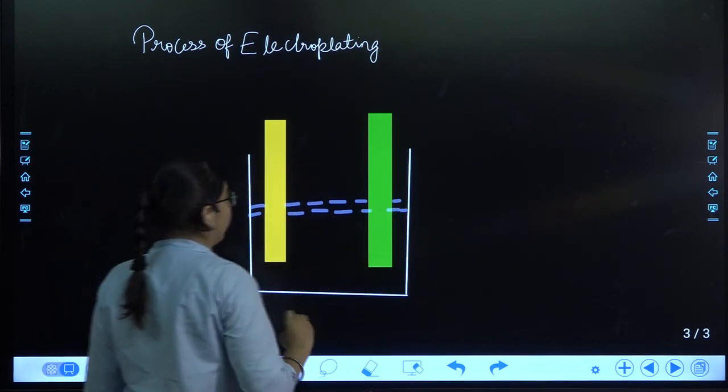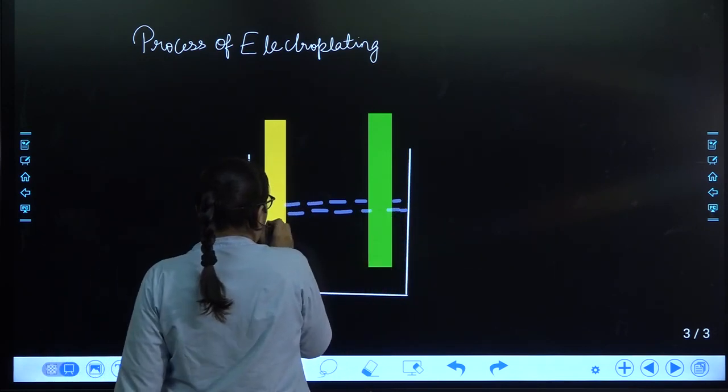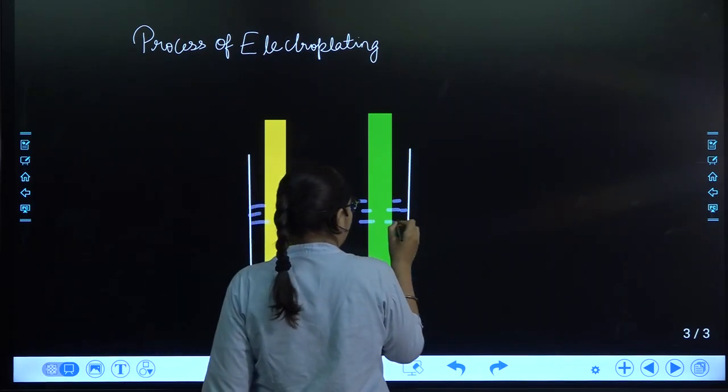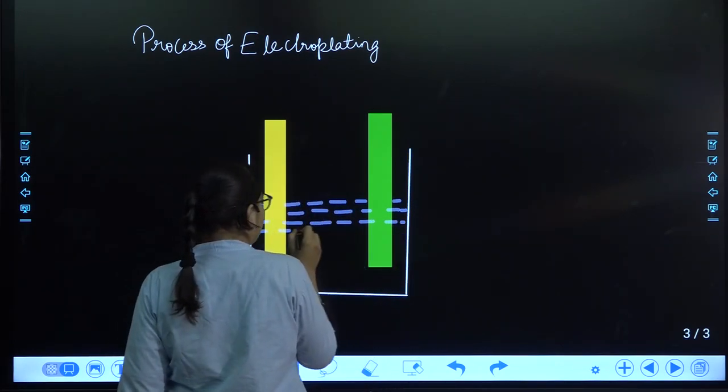We have taken two electrodes, one which is to be plated and one on which the plating needs to be done.